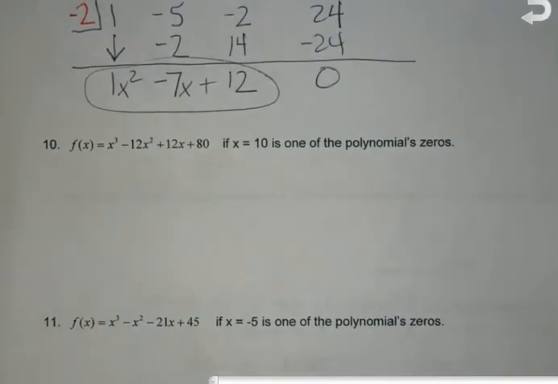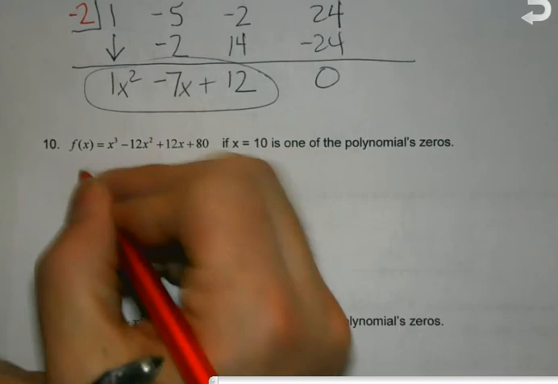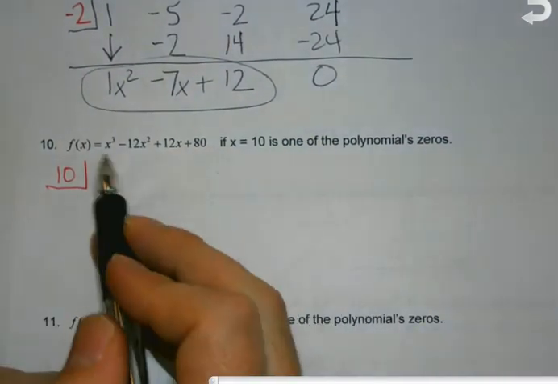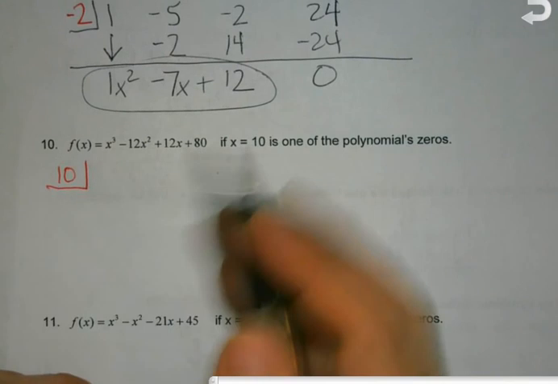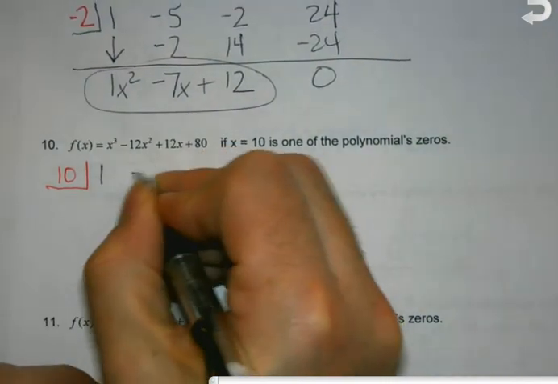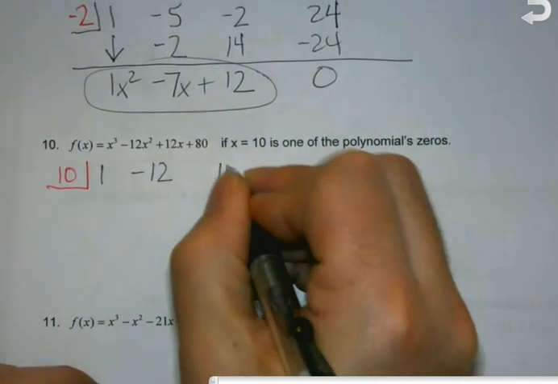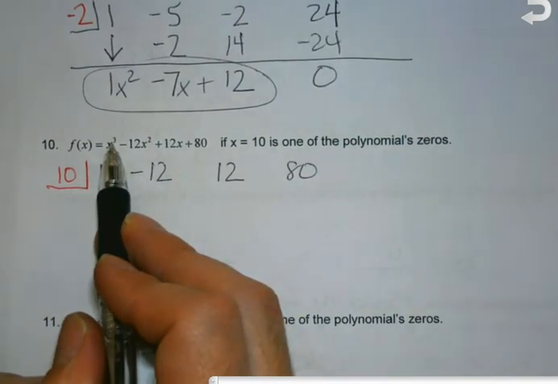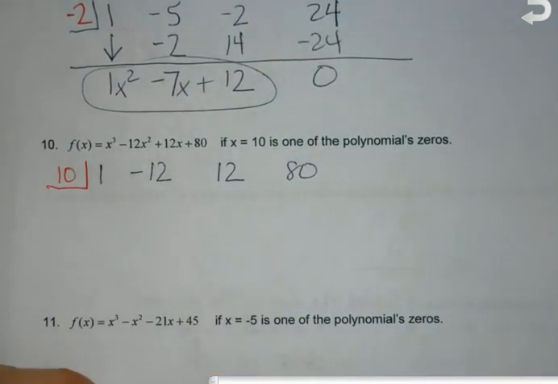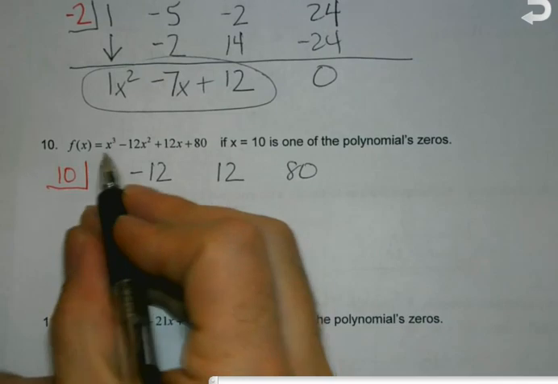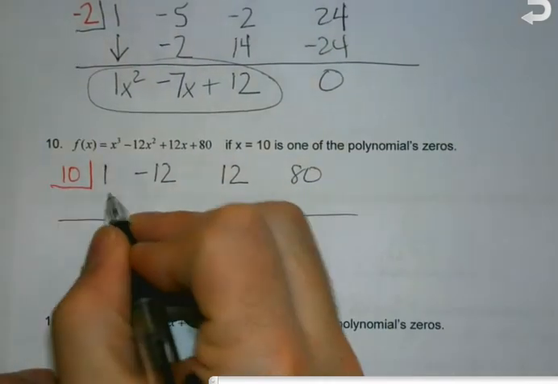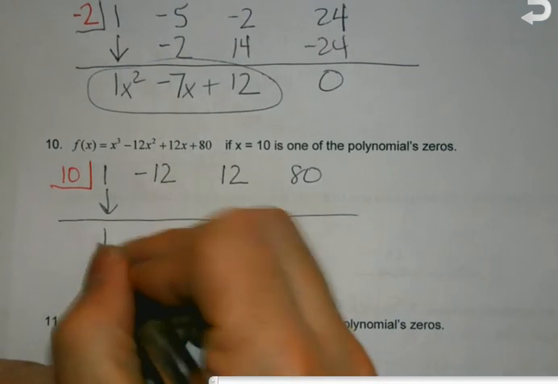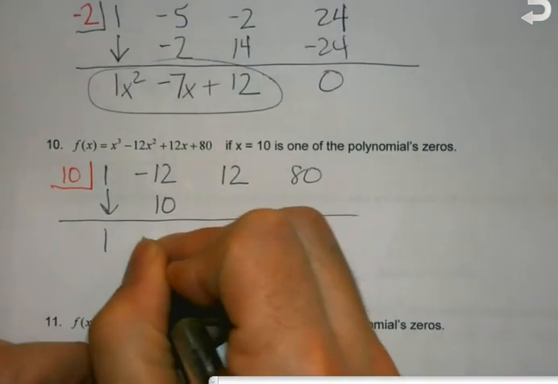All right, 10. What goes in the box? 10. Okay. Any holes to work with? No. 1, 12, 12. Is there any zeros? So like up in number 7 and number 8 where I had a mystery spot that wasn't there. So now we don't have any this time. We can just do our thing. Drop that 1 down. And again, multiply and add.